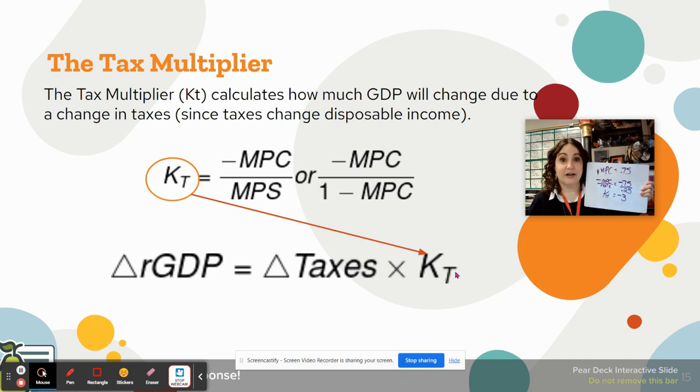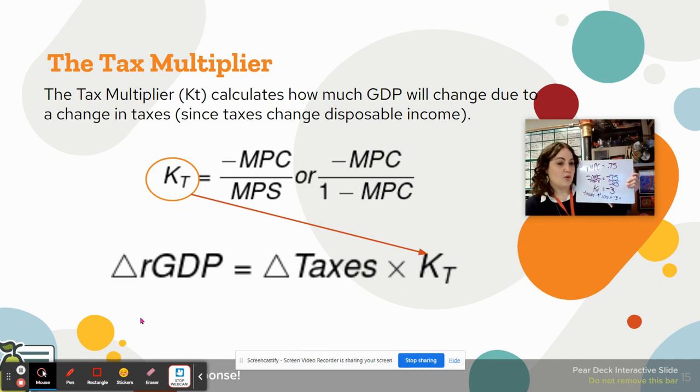The tax multiplier is multiplied by taxes. And so change of taxes times KT gives us that change in GDP. So in this case, let's say taxes were to go up by $100. Well, $100 is the change in taxes times that KT, which we just solved as negative 3.